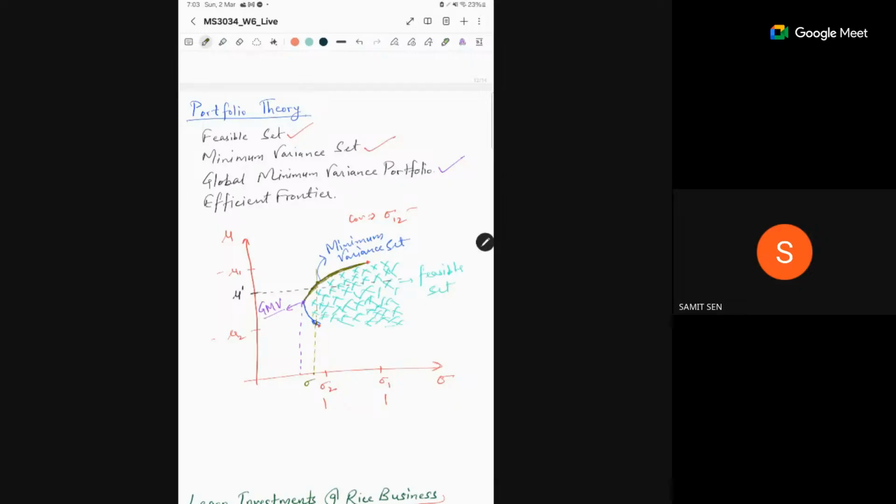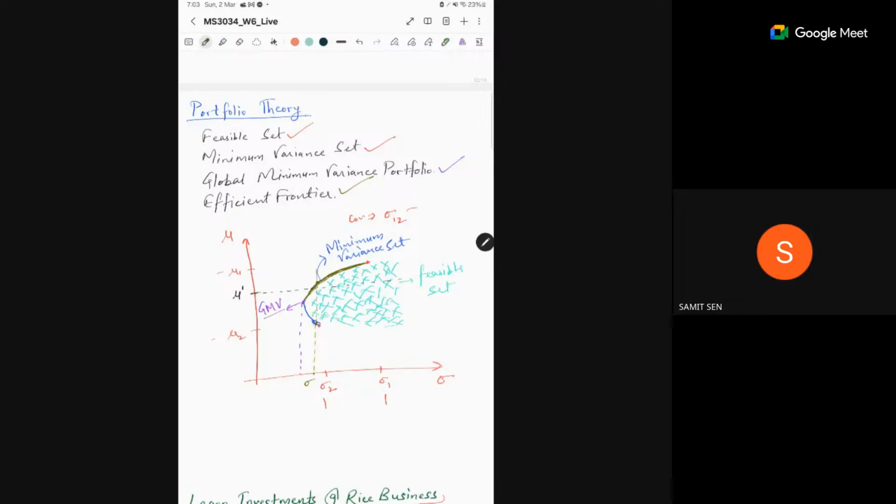So we covered global minimum variance, the feasible set, the minimum variance set, and so on. We will continue our discussion of portfolio theory from our next live session, where we will use our preferences to derive our optimal investment choice.